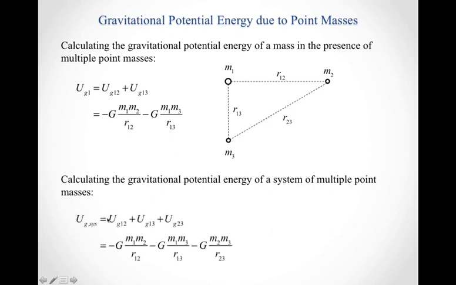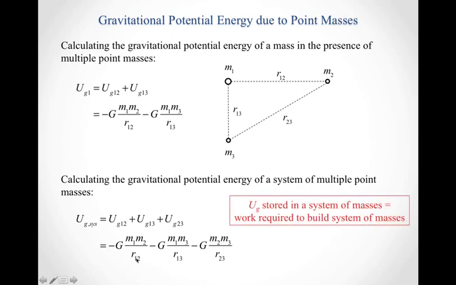So there are three terms here, and again, we calculate each term by negative G, product of masses involved, divided by the distance between them. What this is equal to is the work required to build your system of masses. Whatever the gravitational potential energy stored for your full system is, is another way of saying how much work was required to put that system together.